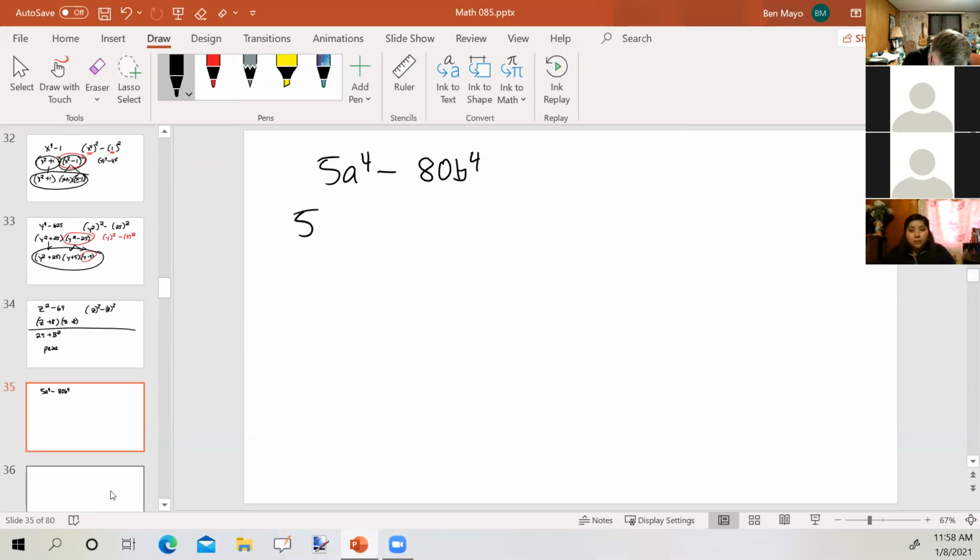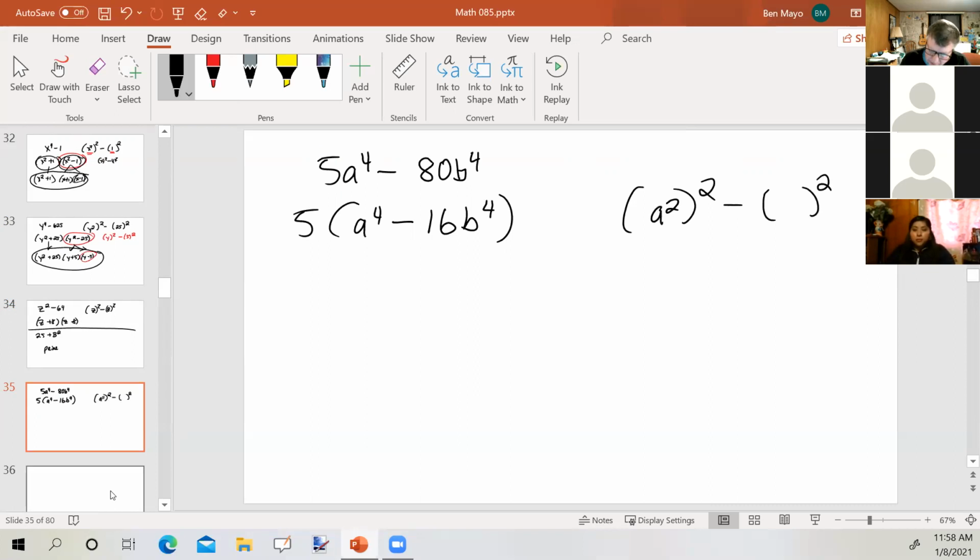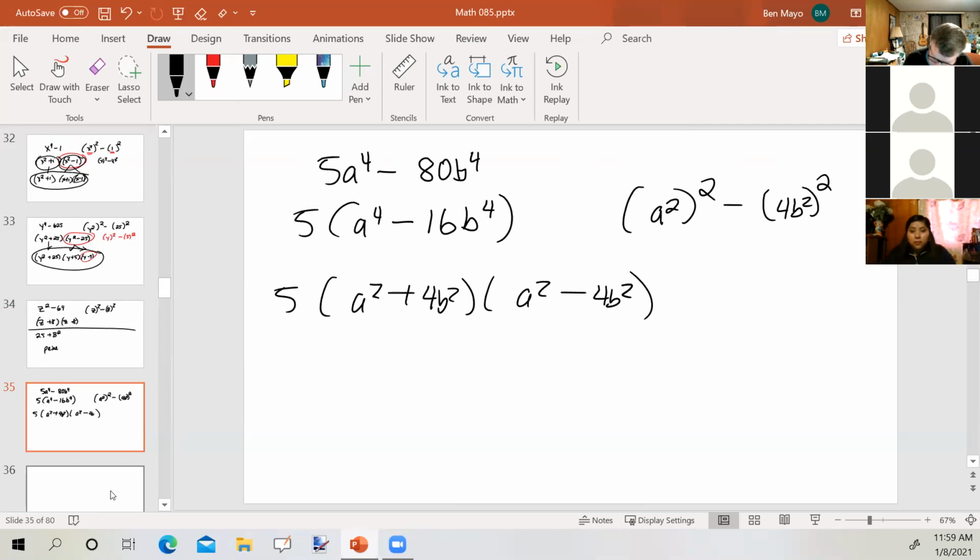But if we factor out a 5 first, now what's inside the parentheses? A squared squared minus 4b squared squared. So I have a 5 times a squared plus 4b squared times a squared minus 4b squared.